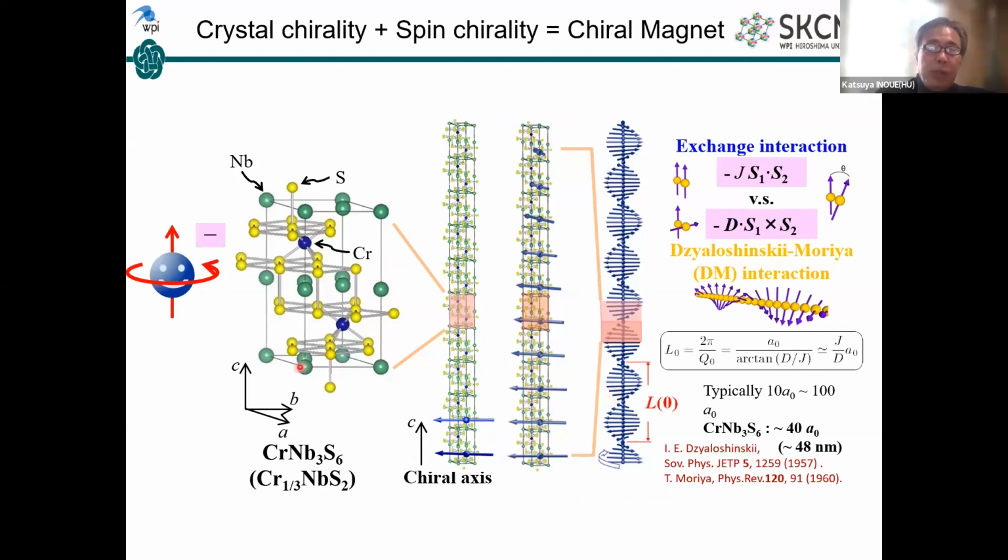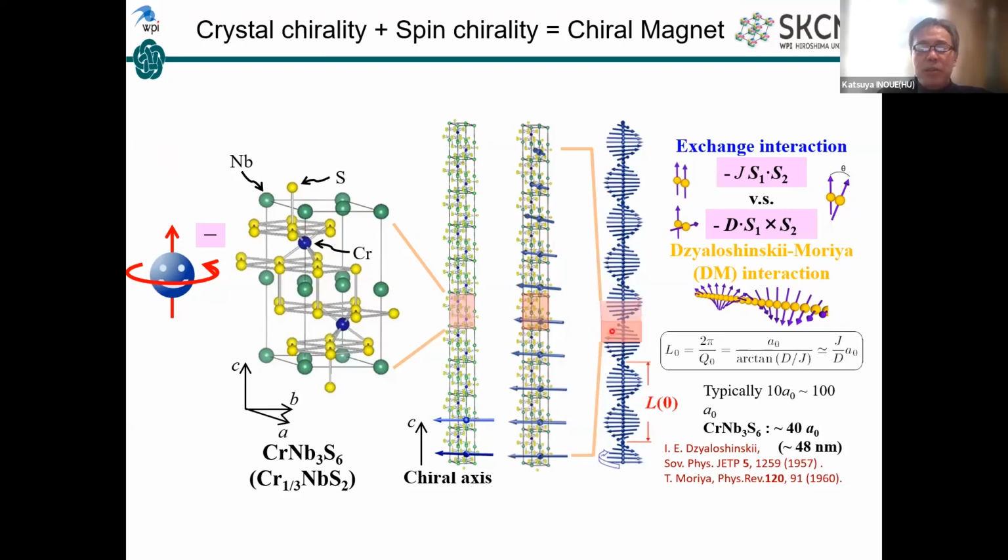The spin is influenced by the crystal chirality and makes a very huge spin helix. The helicity of this system comes from the crystal chirality. If we make a single enantiomeric crystal, our system has only one-sided helicity.